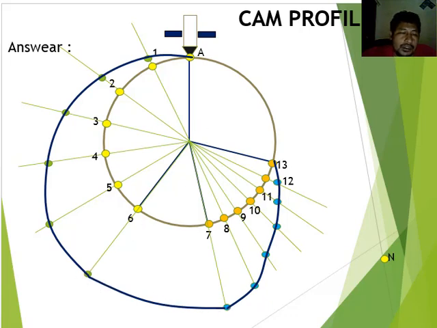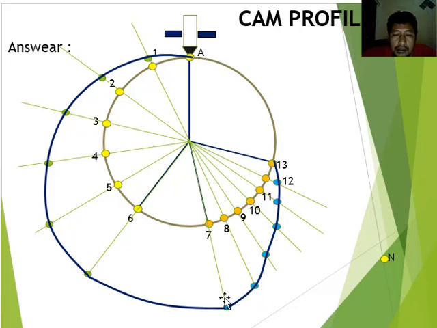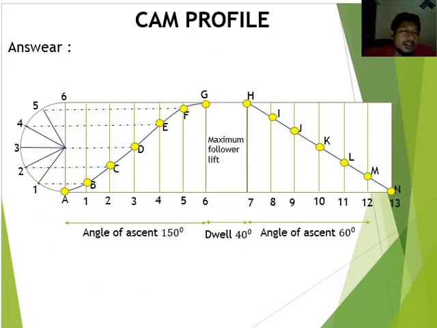After the dwell motion, you can draw the fall motion. Use uniform velocity. Project the point S until the end point. This length, and this length, each length is projected to the cam profile, for points 7, 8, 9, 10, 11, 12, and 13. These lines are projections from the follower displacement lines.